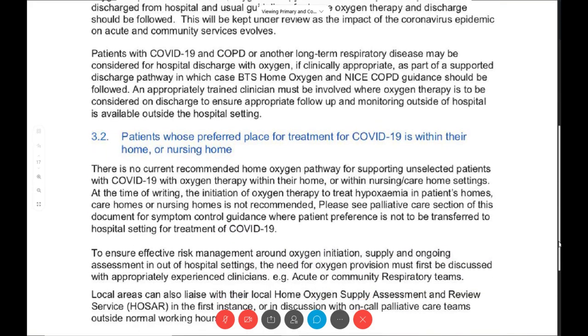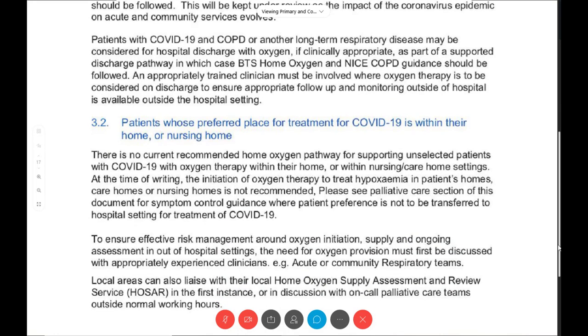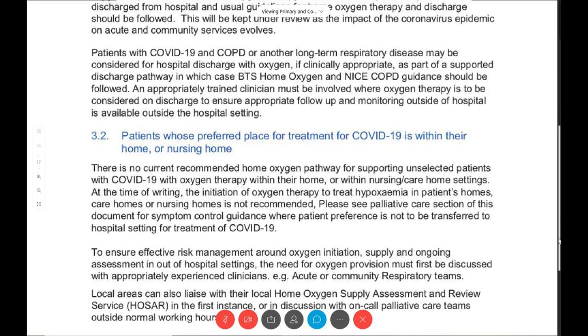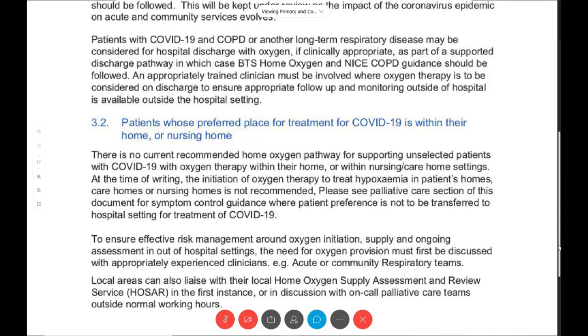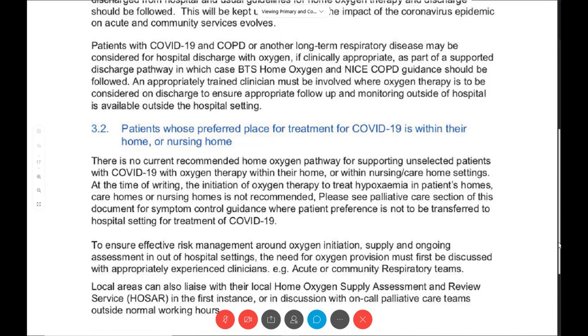If you are thinking that they may benefit with oxygen because they may recover, then you can prescribe oxygen on a HOOF-B form for them in the community without going through your home oxygen service. Although using your home oxygen service may be beneficial as well, because it will keep them on a list.